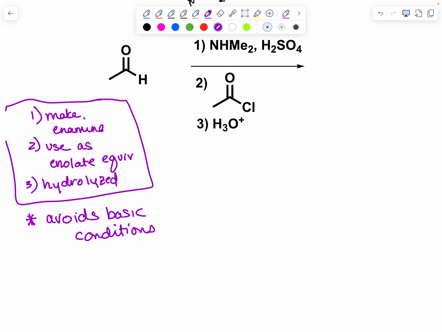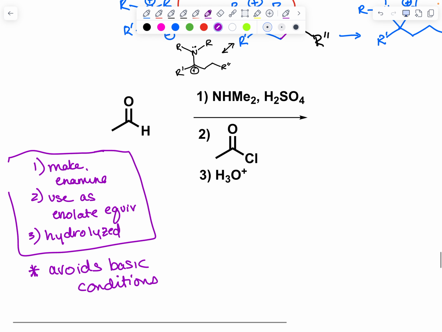In place of the leaving group, I have a new bond to the nucleophile. That nucleophile's new bond is attached to carbon 1, which is still attached to carbon 2, which still has a double bond to the nitrogen, which has its 2 methyl groups, and the plus charge. So I have added on what I'm going to call carbon 3 and carbon 4. Okay? It looks different than what you did before, but it's really not.